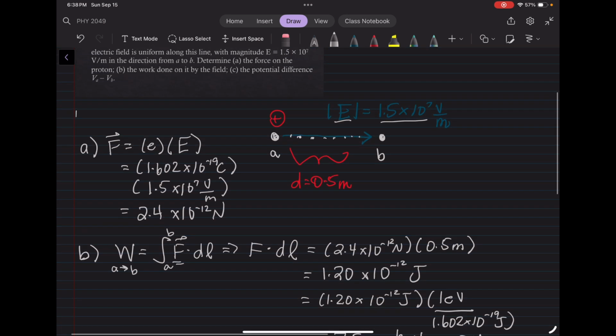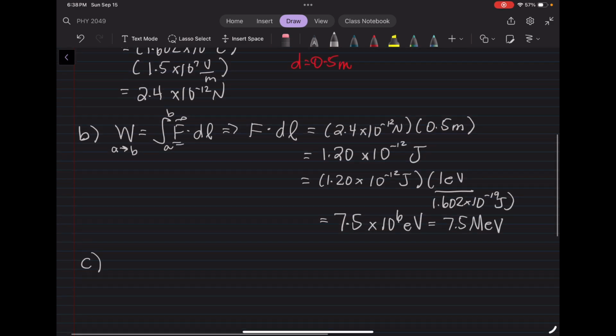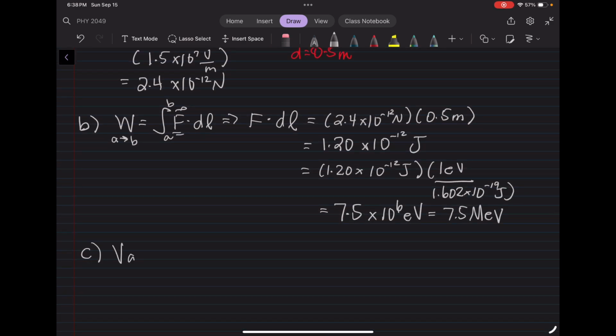So part C, we're going to be finding the potential difference VA minus VB. So there's a couple ways we can do that. Recall that VA minus VB, well, we can express that as the integral negative A to B, or flip that, B to A, right? E dot dl.